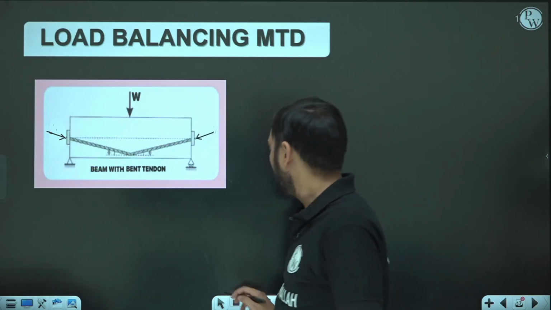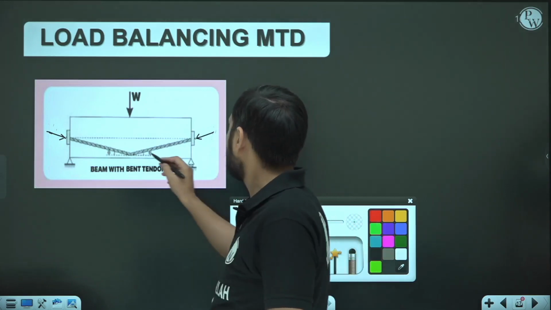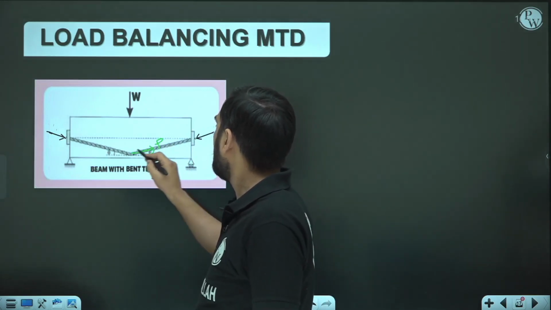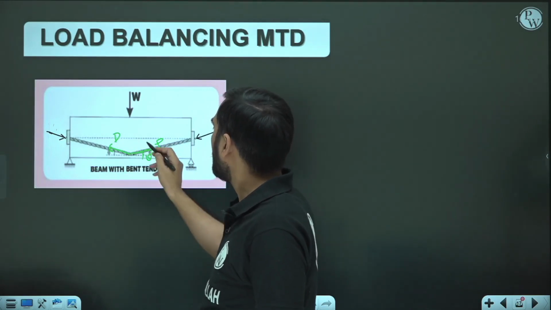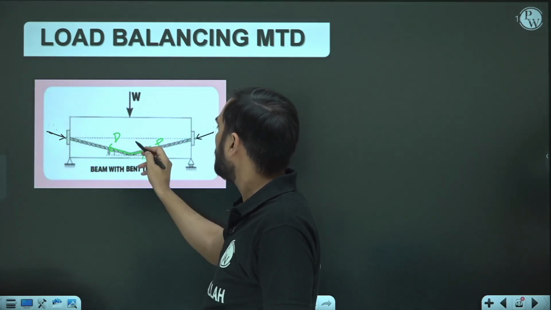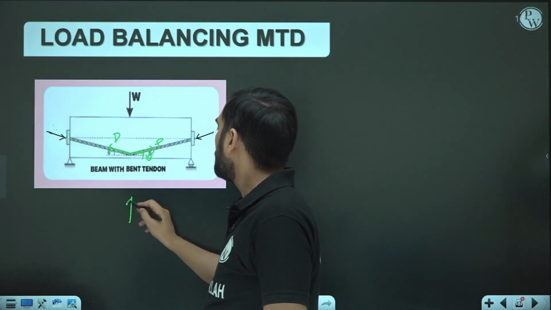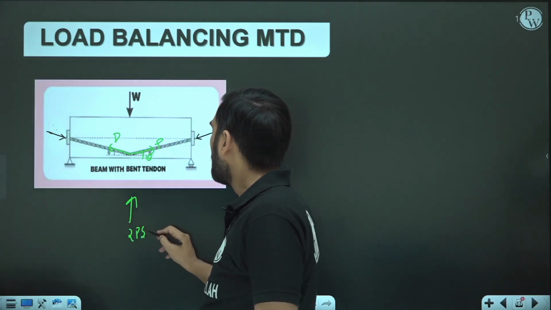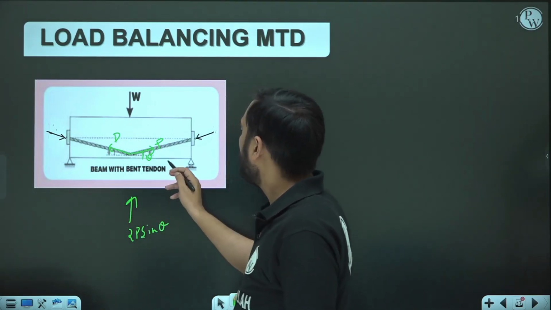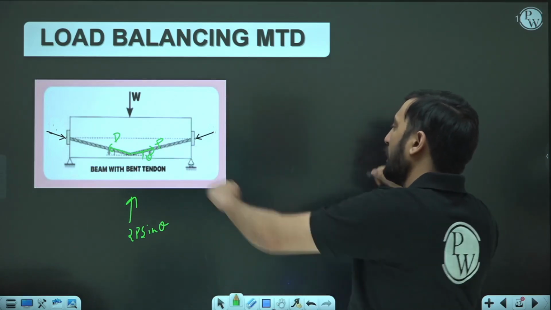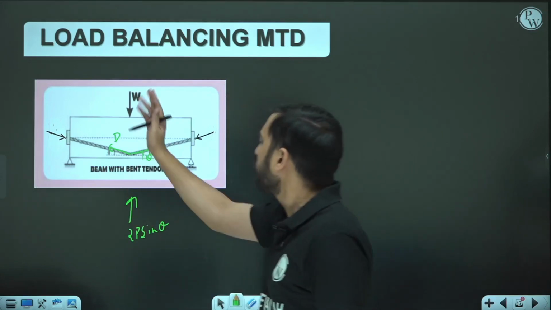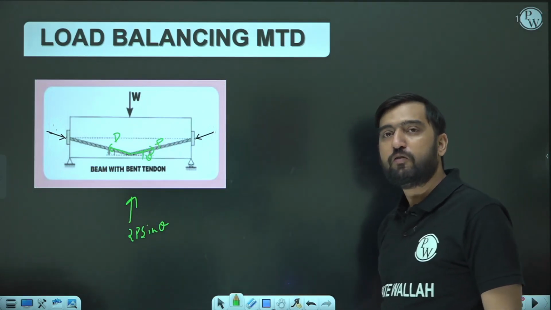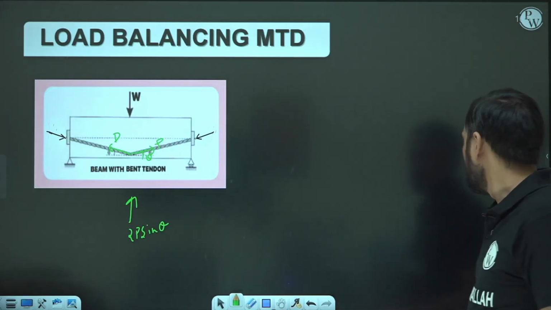We know that this wire is pulling out here with a force, suppose P, here also with a force P. If this angle is theta, then the upward component is P sin theta from this side and P sin theta from that side, so it is going to be 2P sin theta. So if you want to stretch this wire and make it straight, then an upward point load of 2P sin theta will be coming here, just like this.